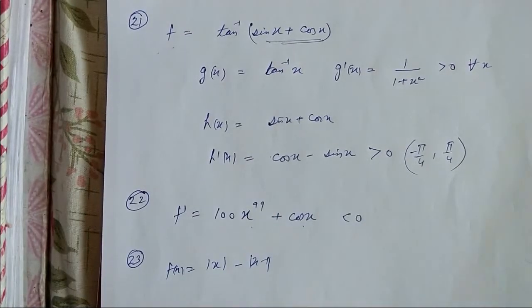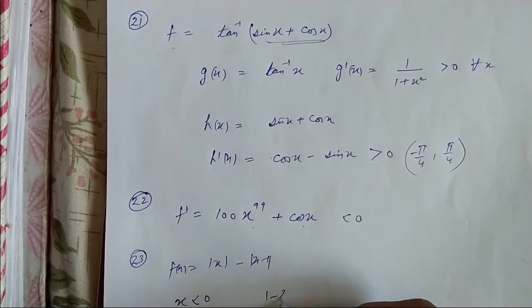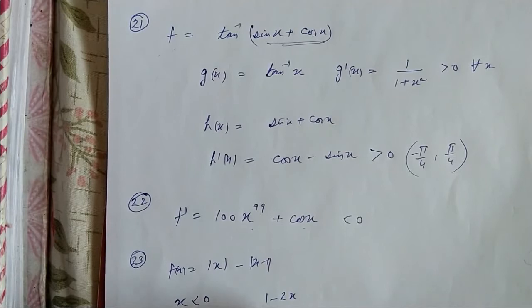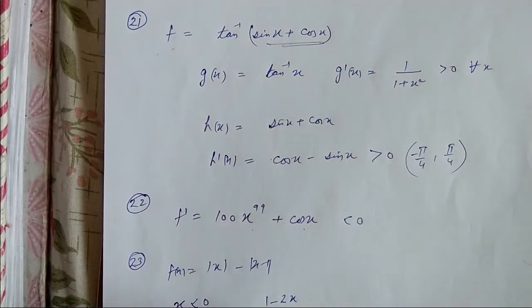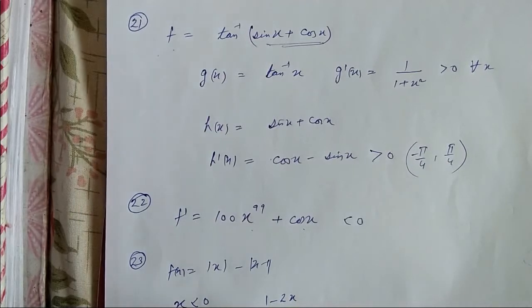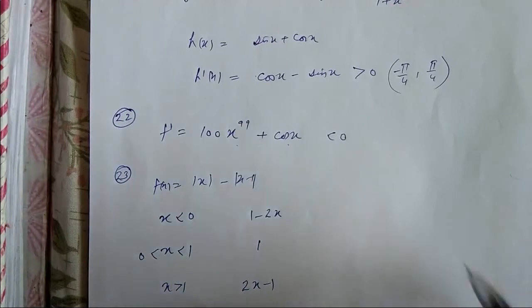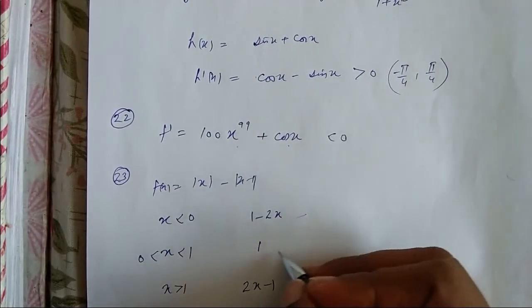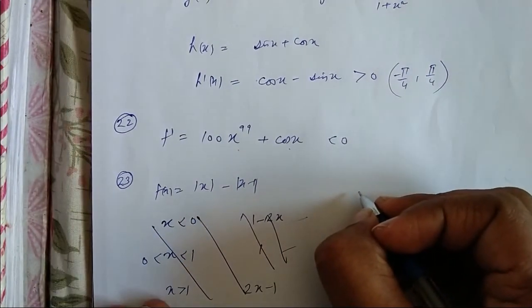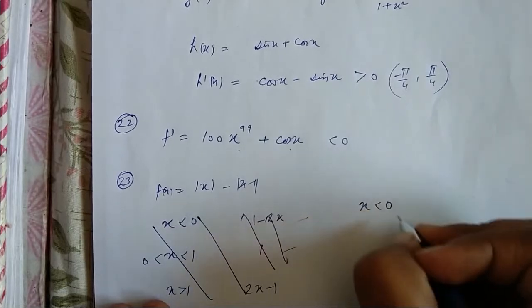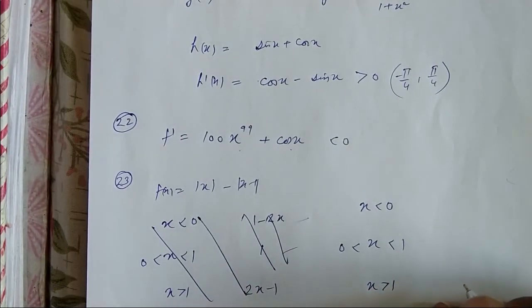Okay, so if x is less than 0, both the brackets are going to open with the minus sign.